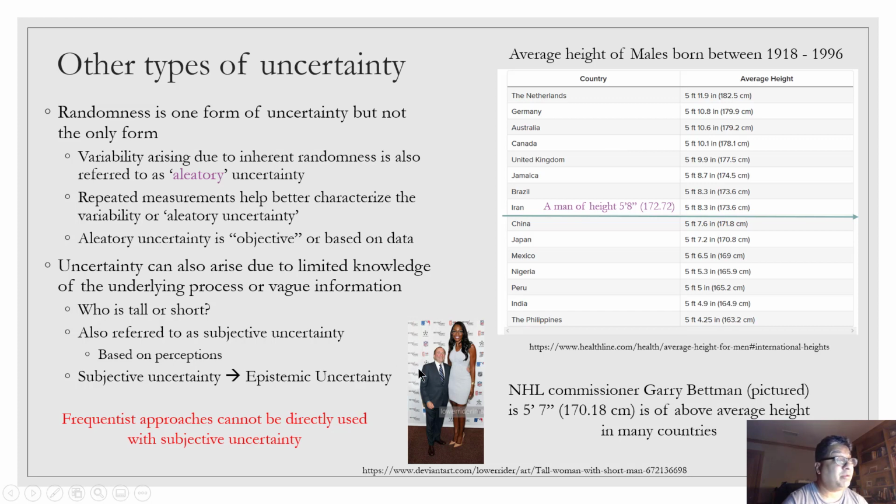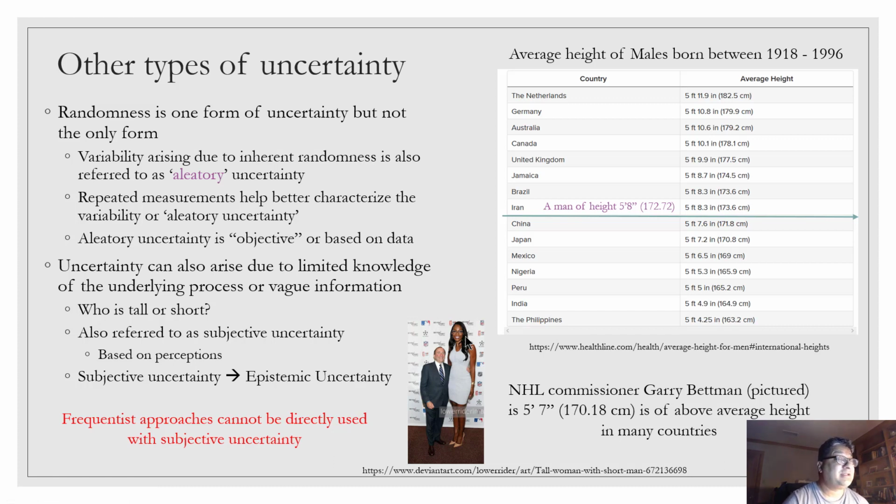Just to give you an example here, NHL Commissioner Gary Bettman is about 5 feet 7 inches, an inch shorter than me, but there are many countries where that would be an above average height. We also perceive him to be much shorter in this picture because he's standing next to a person who is much taller than him.